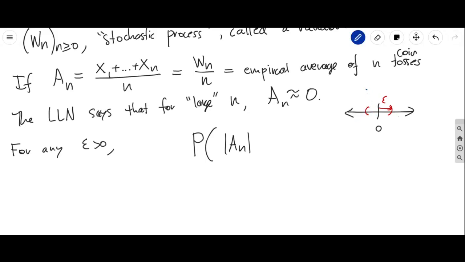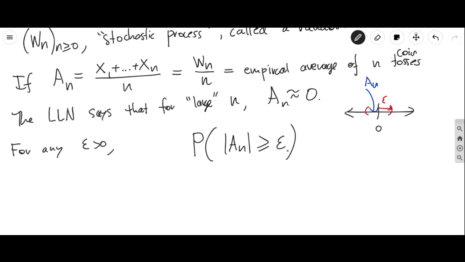And whatever an is, we expect that an, if n is a large number, should fall somewhere within that small interval that contains that small margin of error. It should be here. It is possible that it falls outside, but the probability of it falling outside should be very unlikely to happen. So the way we say this is the probability that an is greater than or equal to epsilon. And I should say there are some authors who might use a weak inequality. They might write it like this. Not that it really matters.